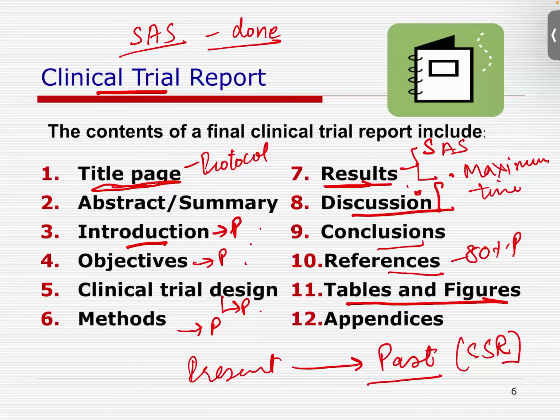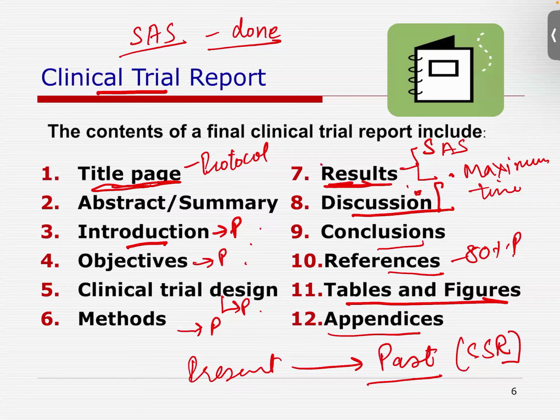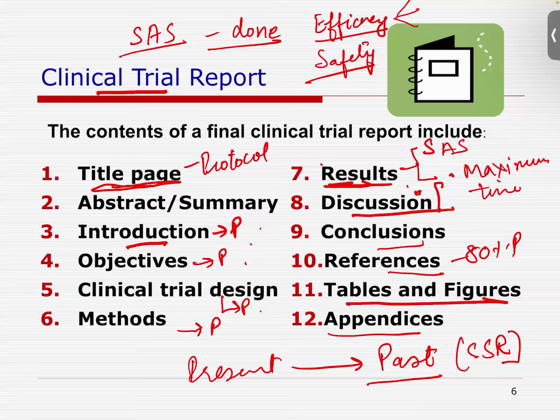Now, your result section will be a little long because it will be divided into efficacy and safety. All the data of your primary and secondary endpoints will be discussed here. All the data of SAEs will be in the safety section, including narratives.